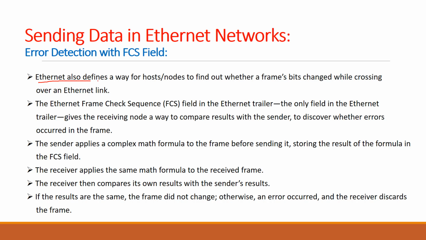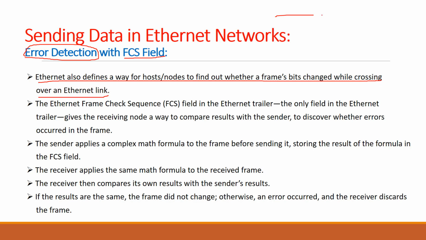So Ethernet also defines a way for hosts or nodes to find out whether a frame's bits changed while crossing an Ethernet link. As we mentioned, there is a field called FCS, or frame check sequence, and it is used in error detection, and its location is in the Ethernet trailer. Think about it like this.